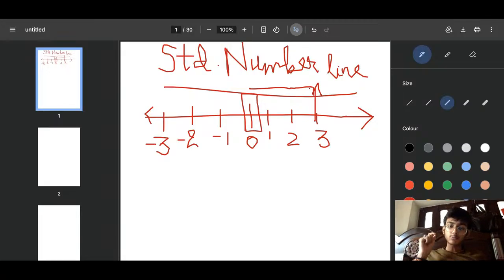Between 2 and 3, we have 2.01, 2.1, 2.2, 2.3, 2.7, 2.9, 2.87, whatever. So when you are traveling from 3 to reach 2, you are crossing infinite numbers before you reach 2, which is the integer just lesser than 3.